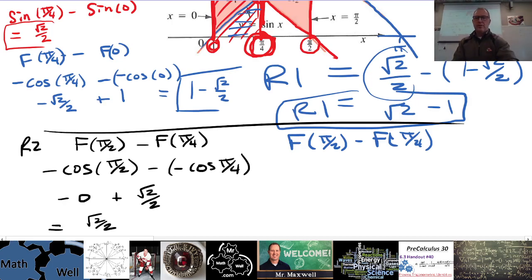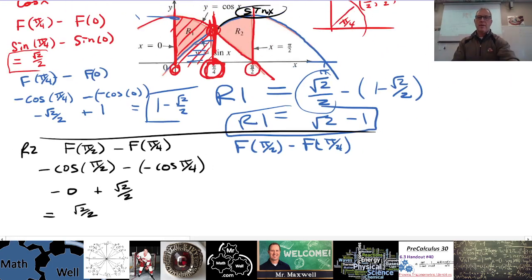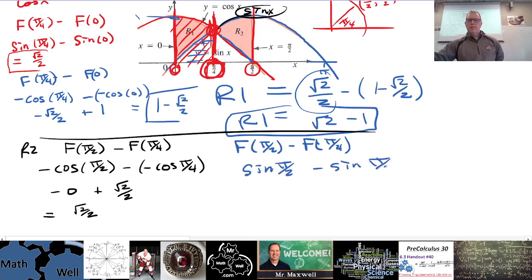Sorry, I don't have all this on the same screen. I'm trying to keep it large for you, but I could increase that a bit. And then in blue over here, that's going to be your cos in this area. So the antiderivative of cos is positive sine, so sine of pi over 2 minus sine of pi over 4.